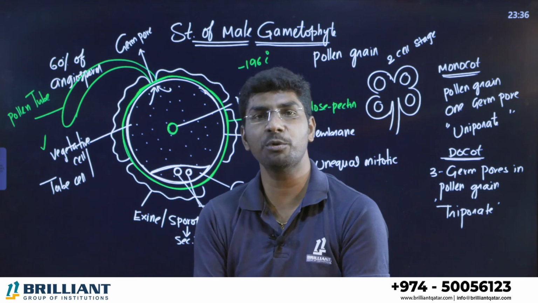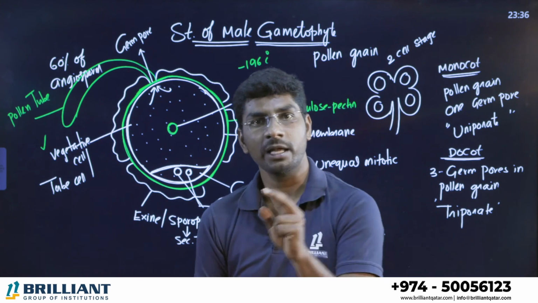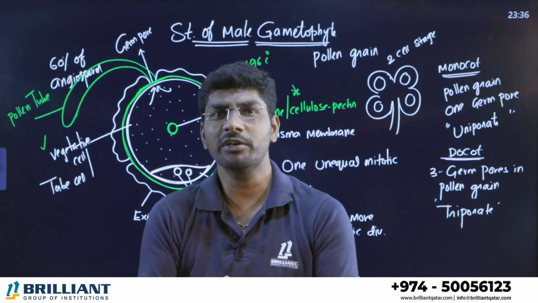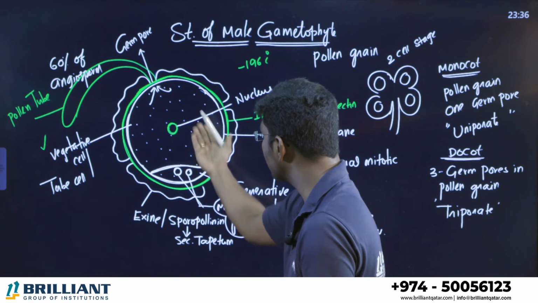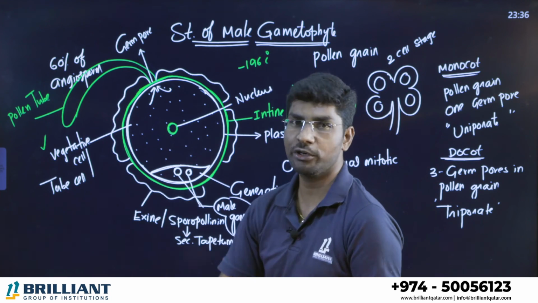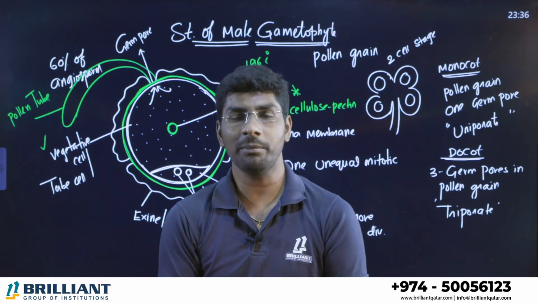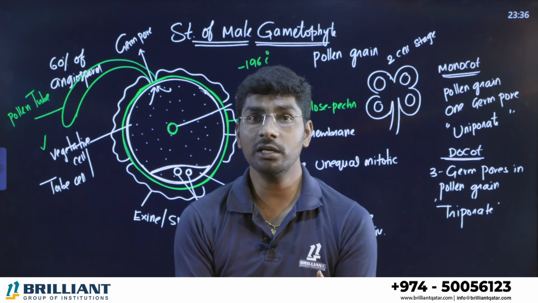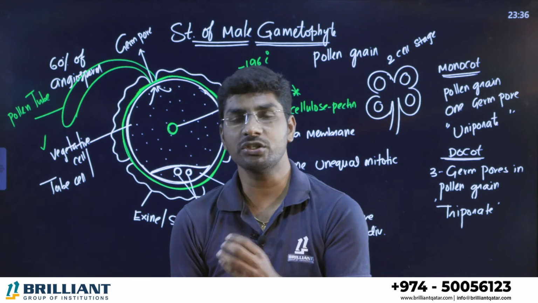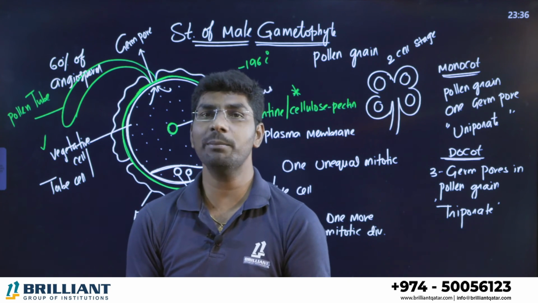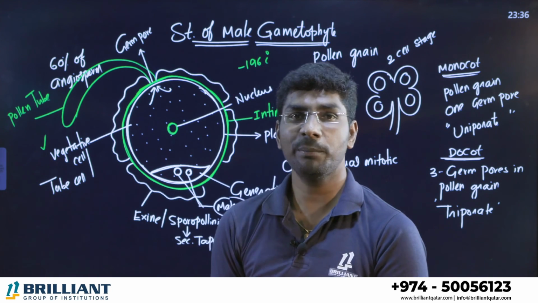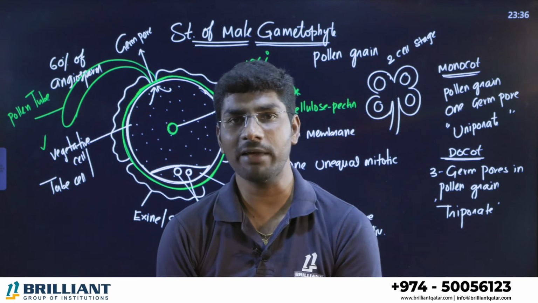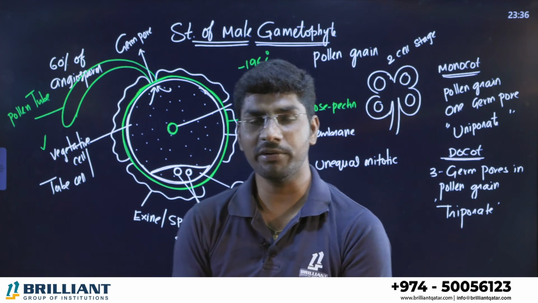Number 2, pollen grains also serve as a food supplement, because nutritive material is present in the cytoplasm. One more important thing: pollen grains may also cause allergy, especially Parthenium pollen grains, which cause an allergic disease called hay fever.